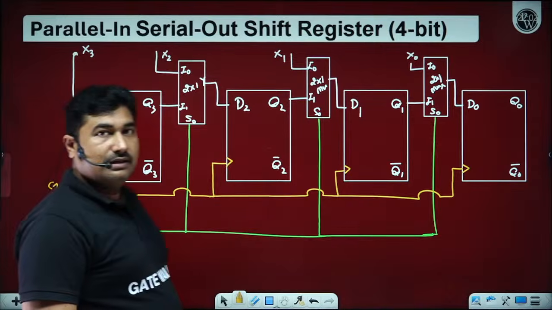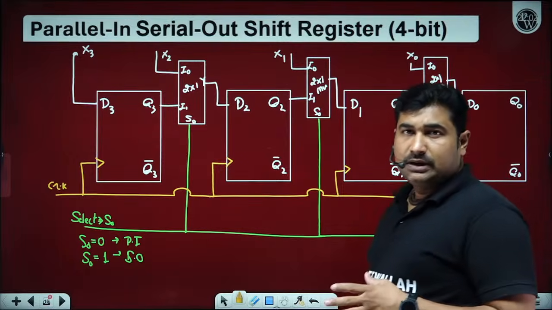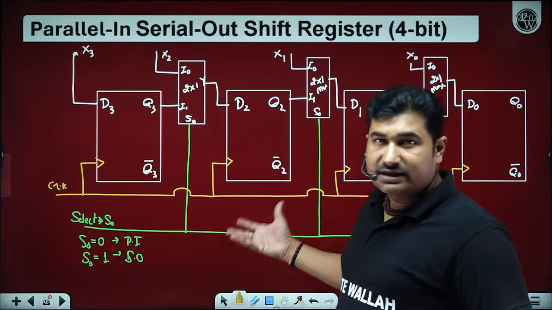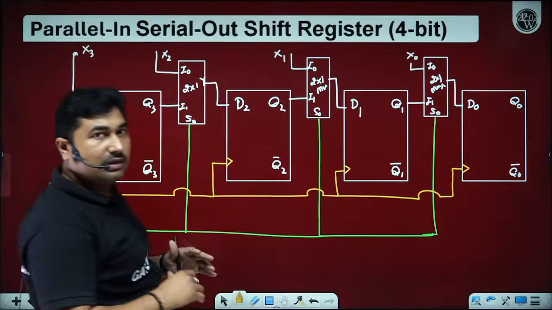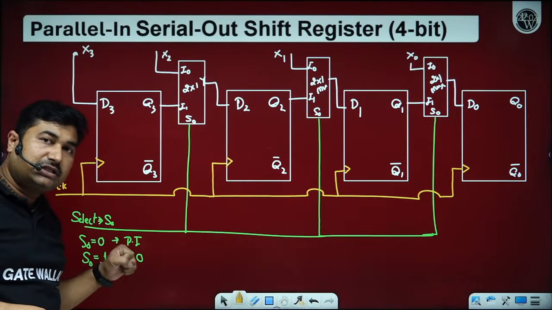Yes, sir. Now, how to perform this parallel in operation? Please observe everyone. Whenever we have to store data in this digital register, suppose we have data x3, x2, x1, x0, then first we select S0 equal to logic level 0.